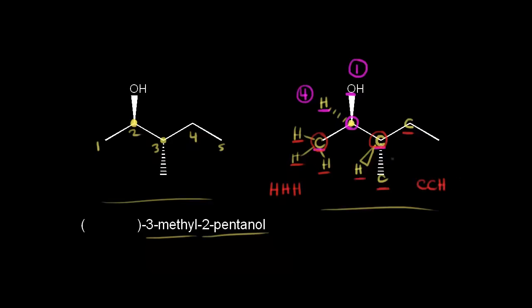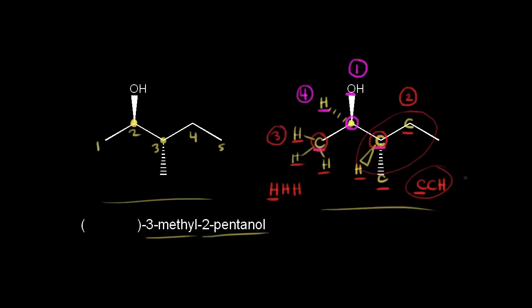Next, we look for the first point of difference, and that's the first atom here. So carbon versus hydrogen, carbon has the higher atomic number, so this group wins. So this group on the right is higher priority, which means this must be number 2, and the methyl group gets a number 3.